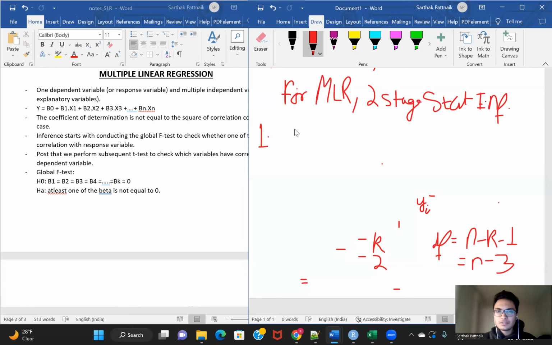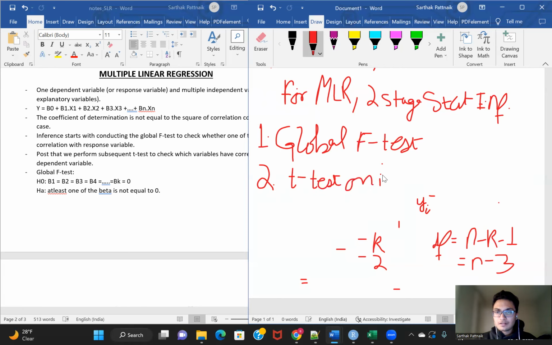Stage one is going to be global F test. And stage two is going to be t-test on individual variables.